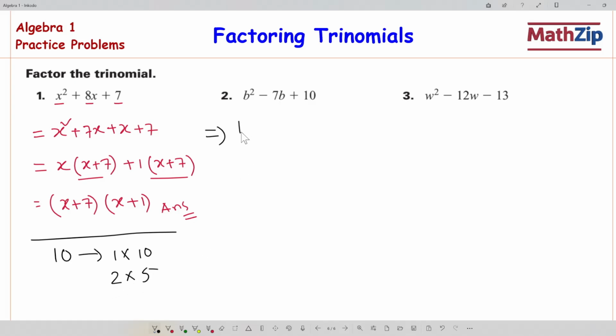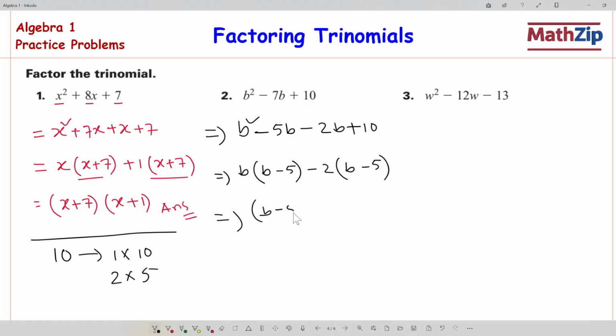So we can write b square minus 5b minus 2b plus 10. So we can take common b, so b minus 5 minus 2, we can take common again b minus 5. Now we can take common b minus 5 and here will be b minus 2, and this is our answer. Okay, so that was number 1 and 2 of part 1.